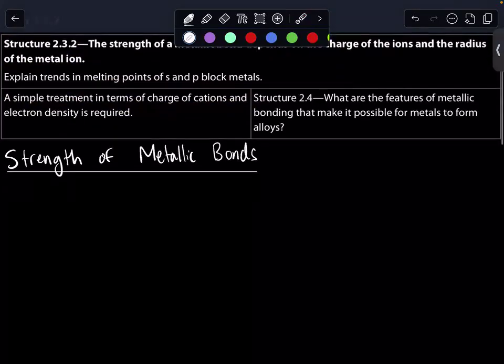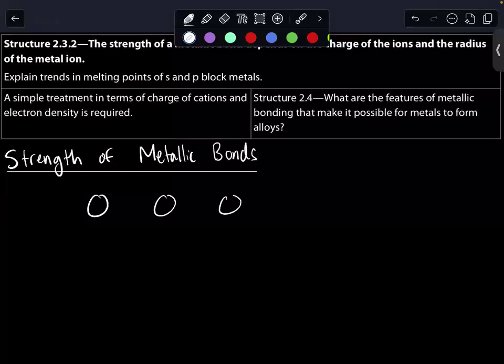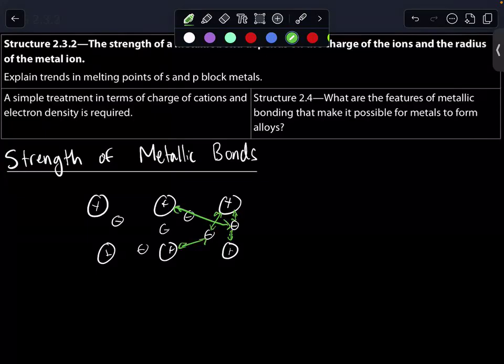When we talk about metallic bonds, the big thing is it's specifically dealing with the lattice of the metal and the negative delocalized electrons that float around in between. We have these attractive forces between them that spiderweb throughout the whole metal, and this is our metallic bond.